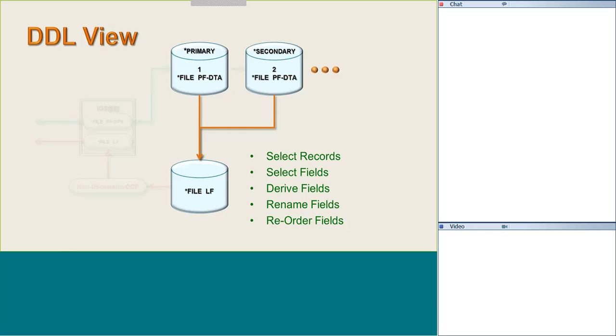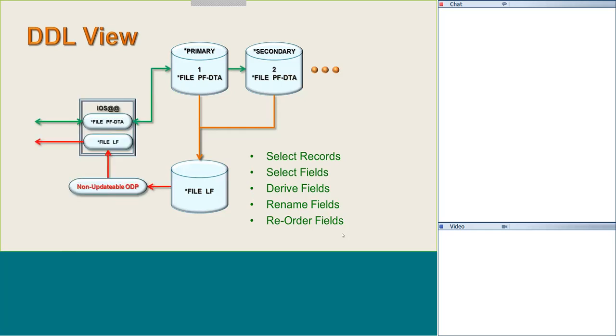Okay, this is also a non-updatable ODP. Can't update it, therefore the logical file has to do the same game as we were talking about before. If you want to make it a two-way street, you then have your logical file using the physical data files, however many there are, in order to do the changes, updates to this file and to that file.